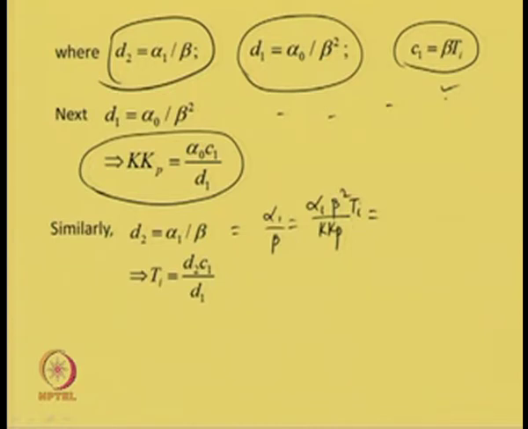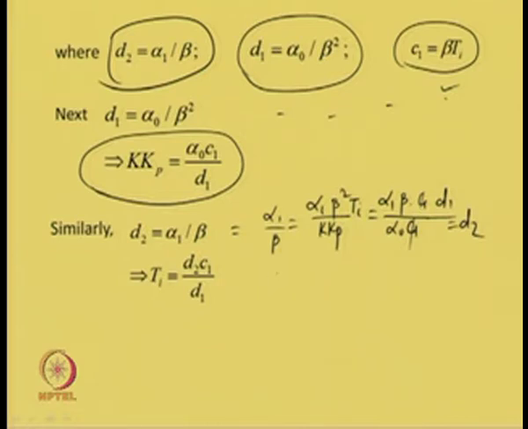So, if I substitute now β Ti, I have got α1 β C1 / (k Kp). So, k Kp is nothing but α0 C1 / d1. This type of manipulation will give you C1 cancellation.